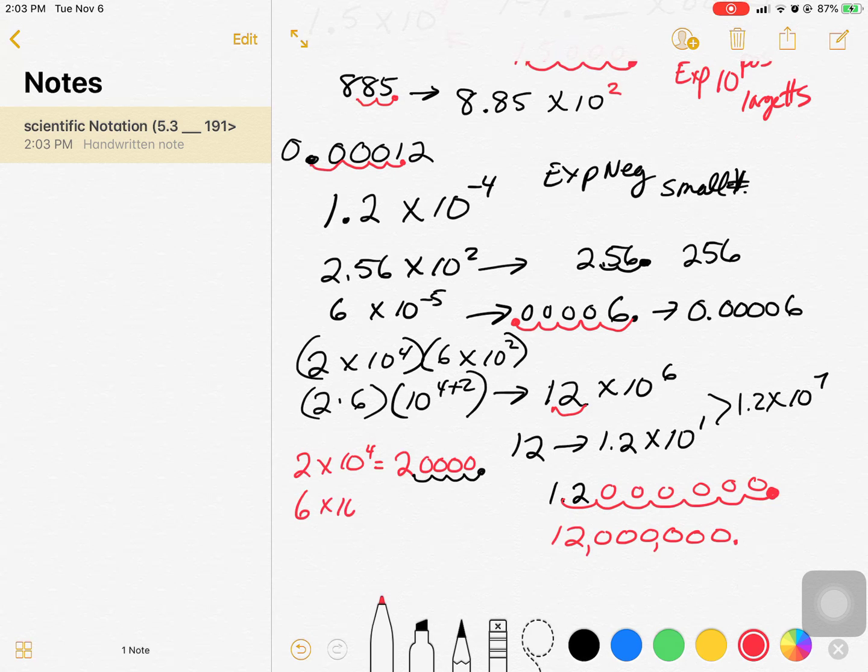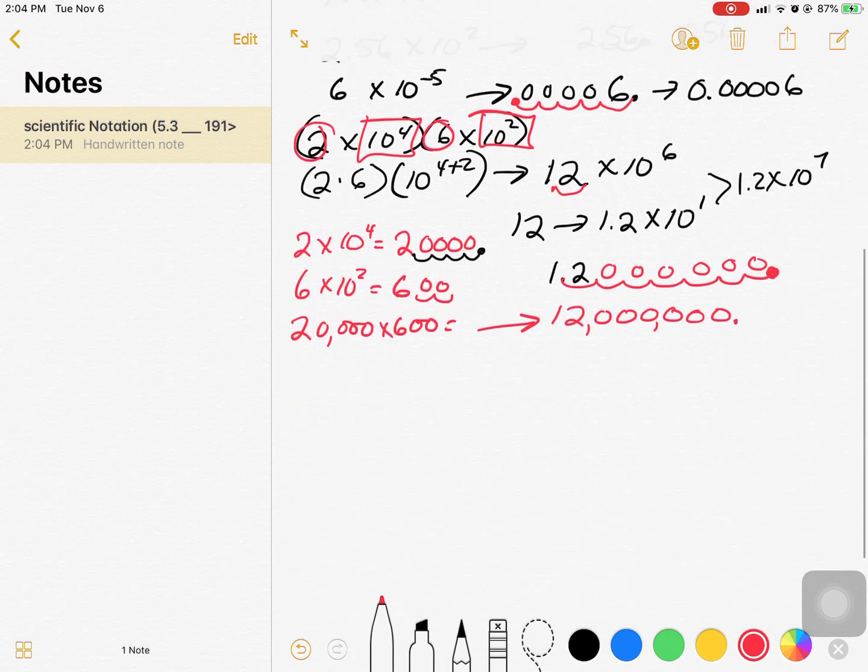And 6 times 10 to the 2nd, which would be 600. 20,000 times 600, put that in your calculator, and you should get 12 million. Okay, so the idea is to multiply the constant times the constant, then add your exponents to do that.